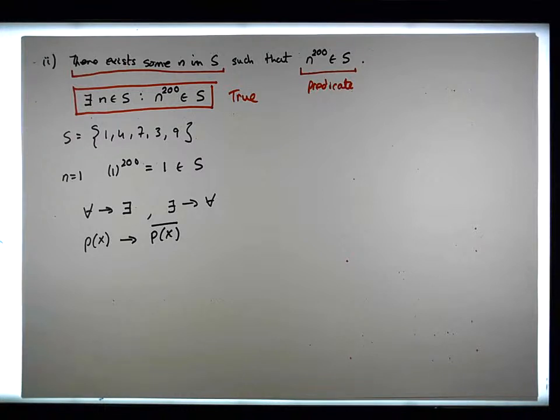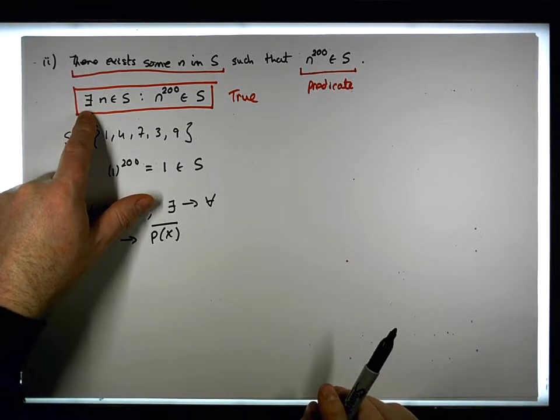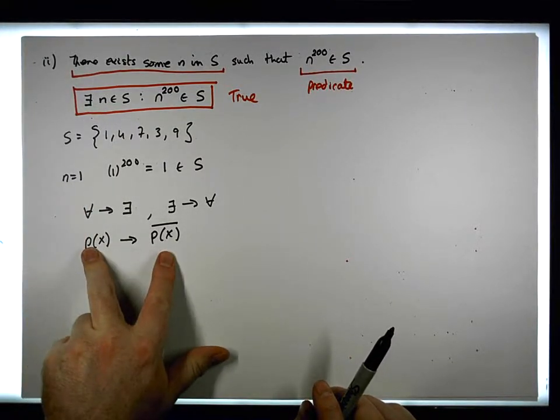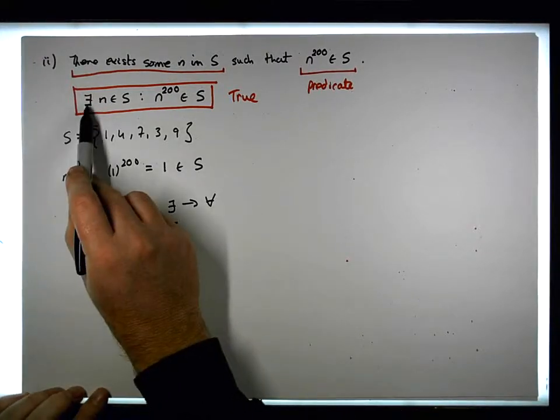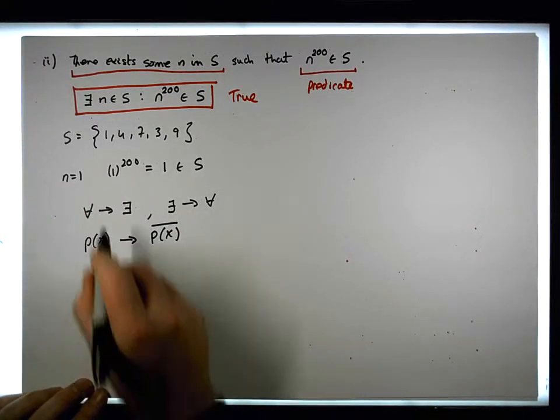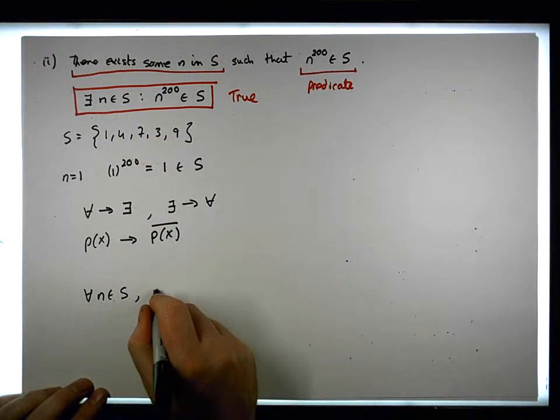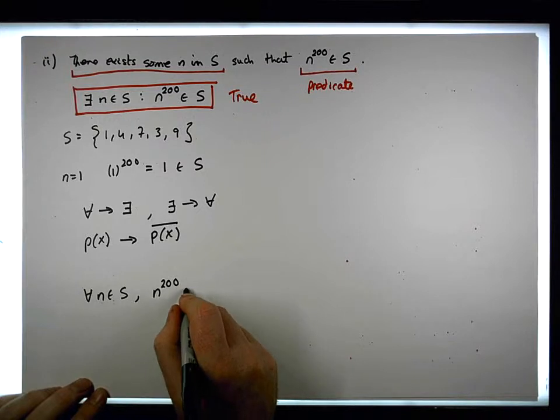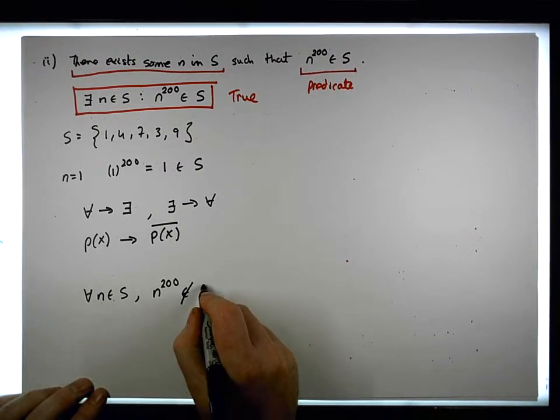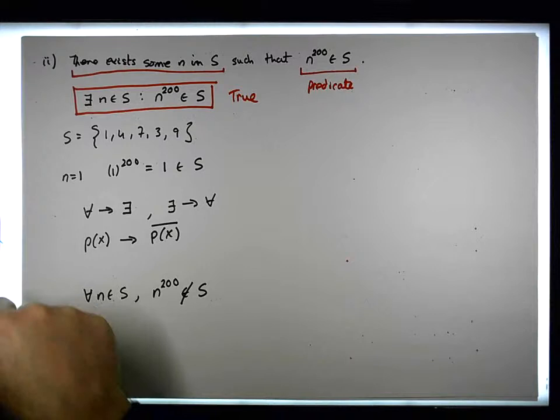So there's two things to do: we flip the quantifiers and we negate the statement itself. So this is going to become, there exists becomes for each and every n that's an element of S, we must have that n to the power of 200 is not an element of S.